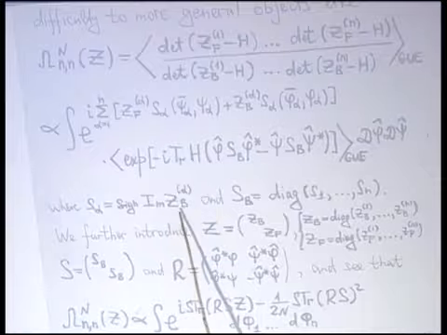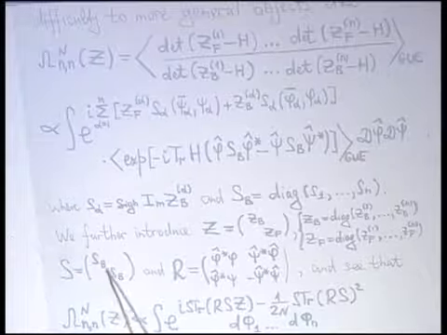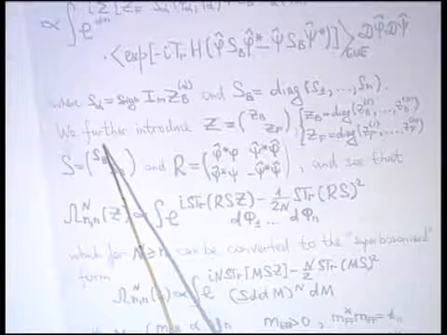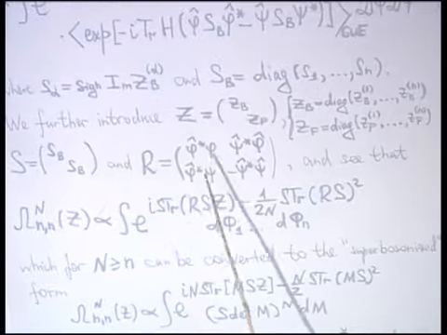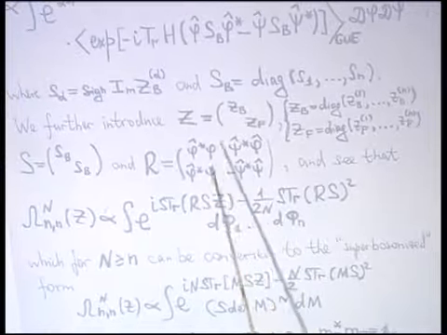We remember these signs play a very important role, and we keep them. So we introduce the supermatrix S, which has identical matrices in the fermion and boson blocks, made of these plus and minus 1 depending on the sign of the individual ZB. And we also introduce the supermatrix R, which is made of this combination that we already know. We know this combination very well.